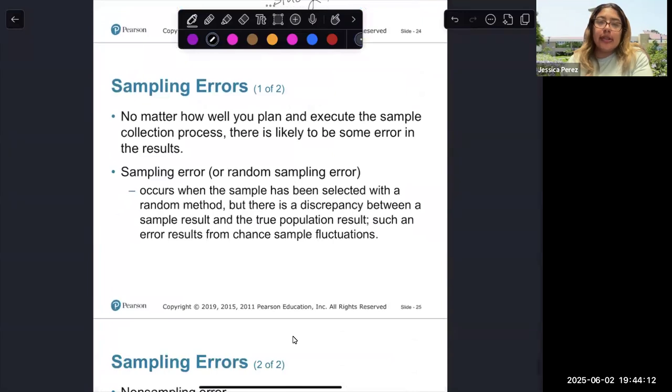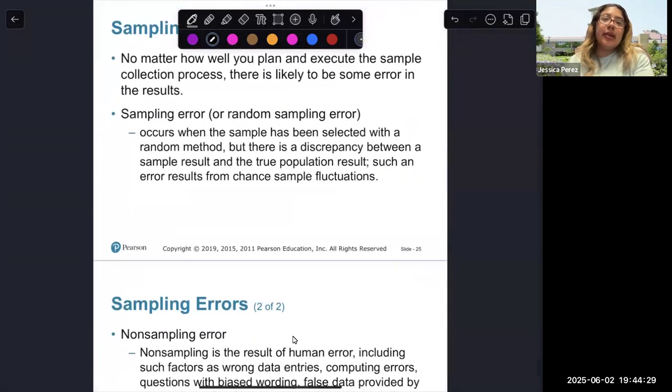Now, sampling errors always occur. Let's say that even though you did a multi-stage sample, you did a carefully designed one. No matter how well you plan and execute the sample collection process, there is still likely to be some error in the results. One of them is sampling error, or random sampling error.